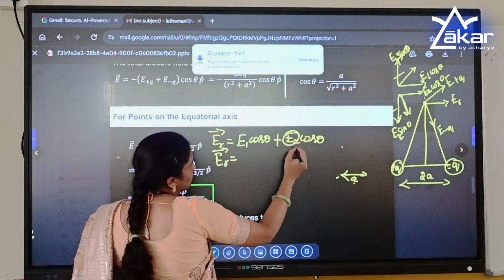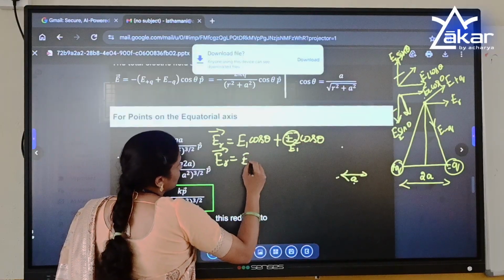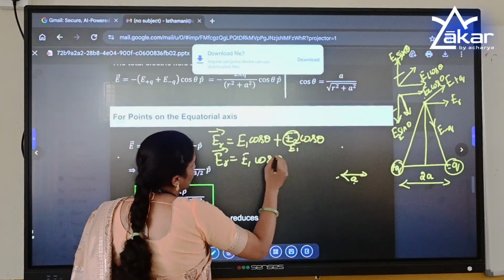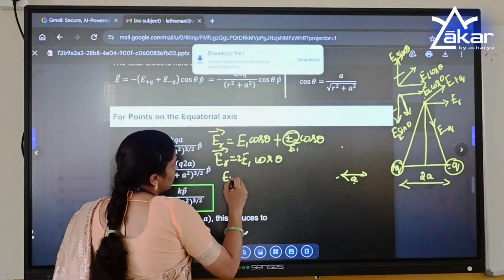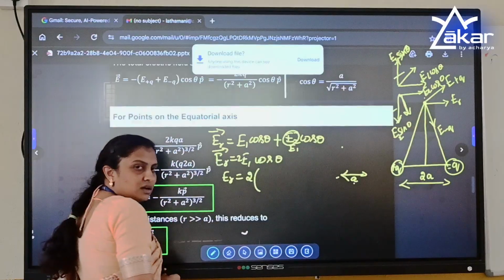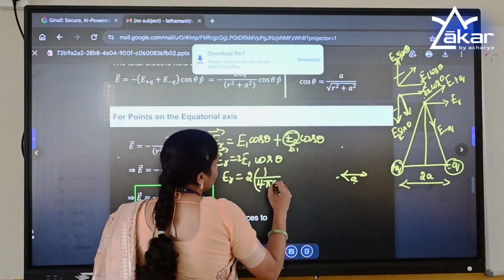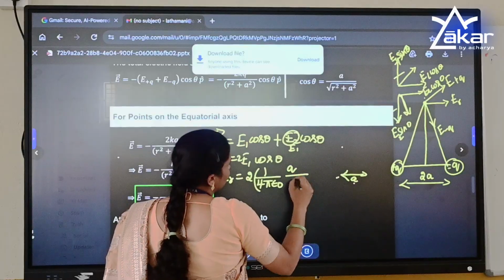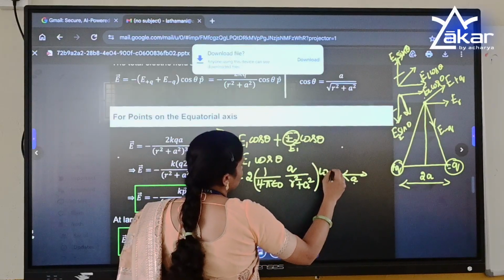This I can consider as E1, because they both are the same. That is 2E1 cos theta. So ER is equal to 2 into, what is the electric field? 1 by 4 pi epsilon naught Q divided by r square plus a square into cos theta.